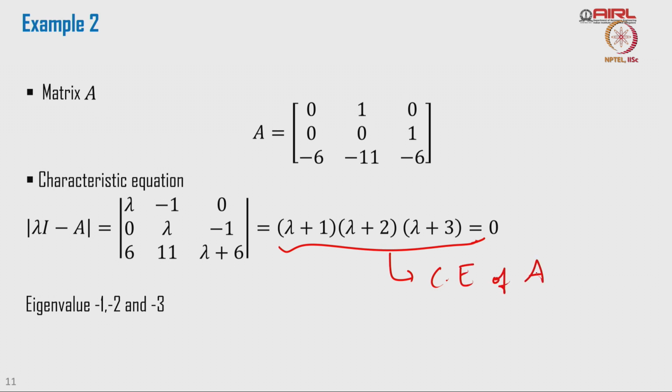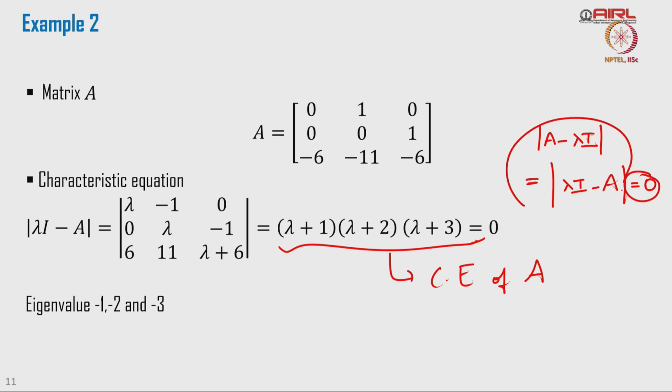Note that you can either use A minus lambda I, or you can use lambda I minus A, only when you are writing the characteristic equation, because it is going to be equal to 0. Otherwise, in general, this equality will not hold if not equal to 0.